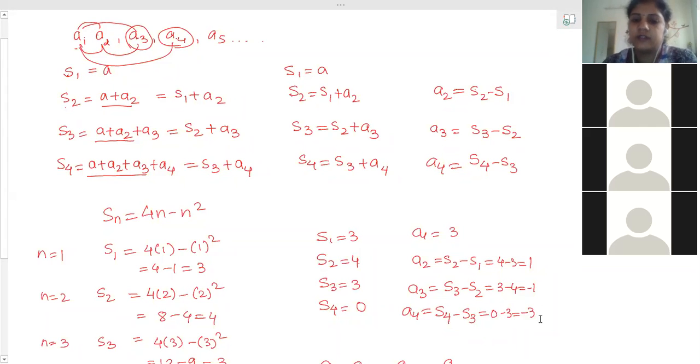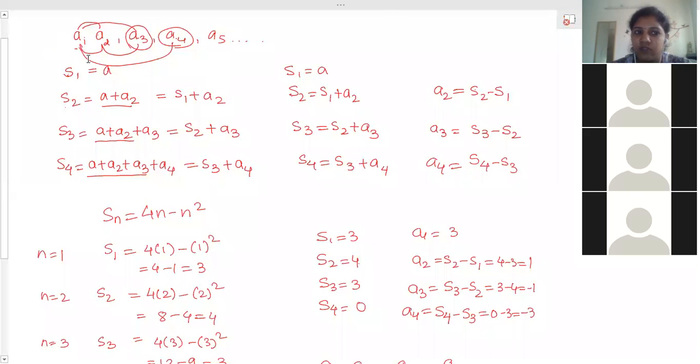Ma'am, I got disconnected, so I didn't understand this S2 is equal to A plus A2 part. Ma'am, is S equal to A only for this sum or is it universal? So what is sum? Sum of AP means keep adding all the terms till that part.